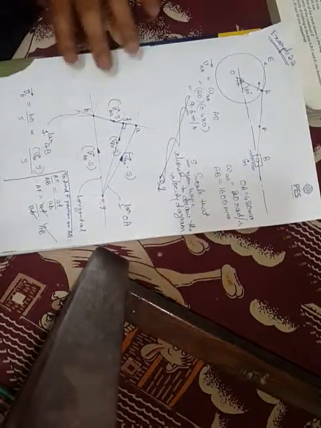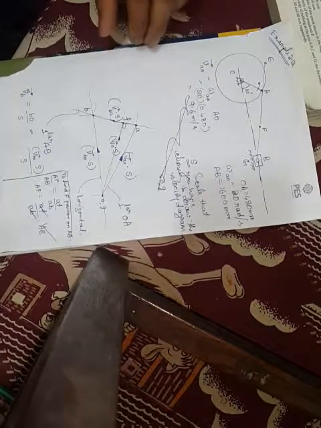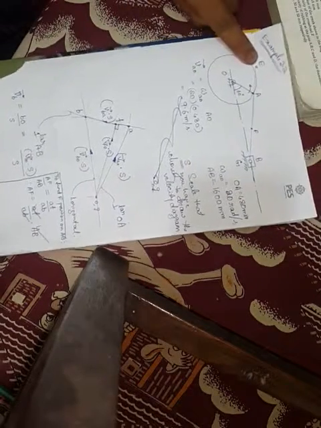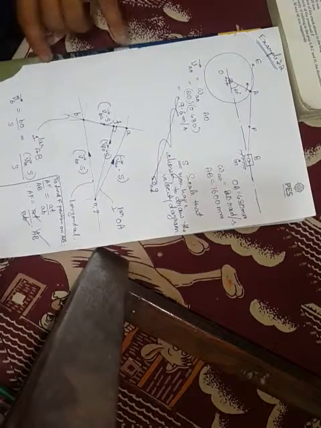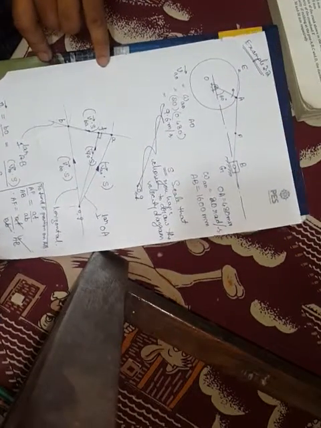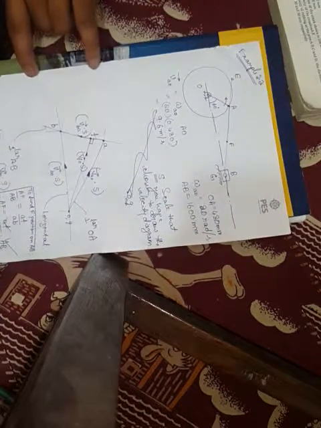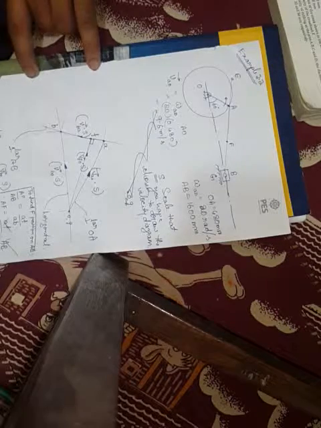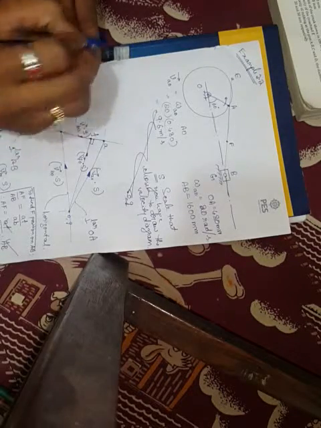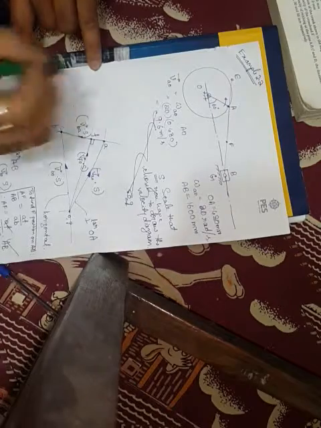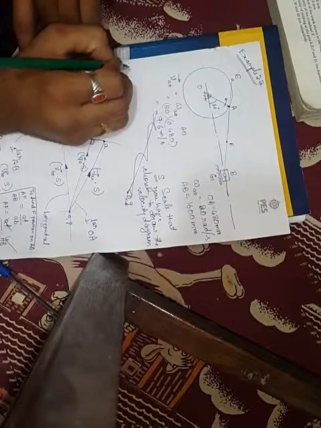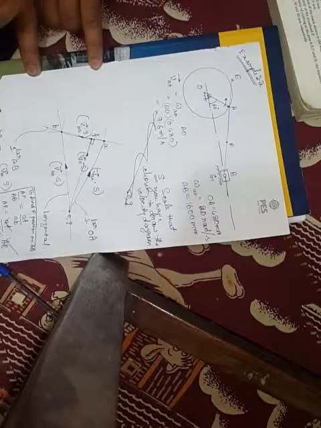Now let us proceed further to find out the velocity of the offset point E. To do that, it is quite simple. All we have to do is find out the proportions or the ratios. Let me write it here. We write AE.